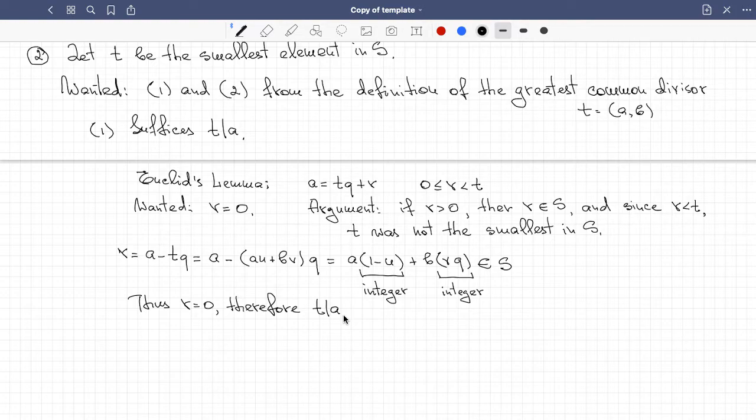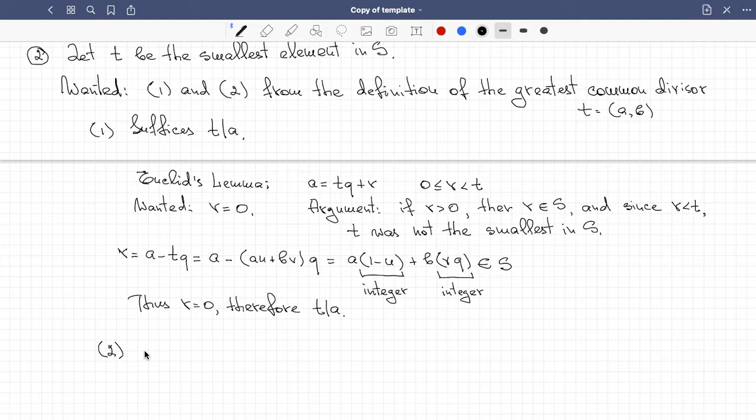Because of symmetry, as I said, or by a similar argument, you prove that T divides B as well. So T, the smallest element in S, is a common divisor of A and B. Now I'll prove the second part of the definition of greatest common divisor.